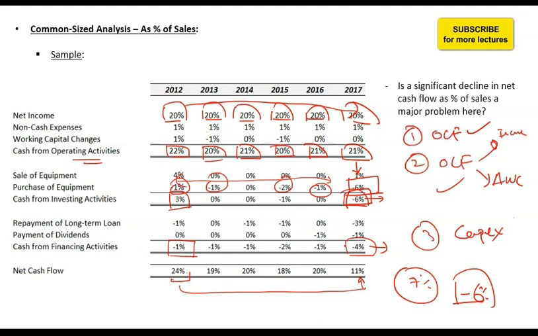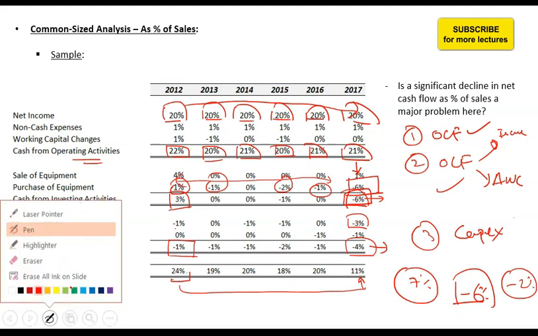In financing activities, we find that the major outflow is repayment of long-term loan, which has gone from -1 to -3, which again is a positive sign, because when a company pays off a loan, its risk will reduce and its interest cost in future will also reduce. So even this 2% increase in outflow is again a positive sign.